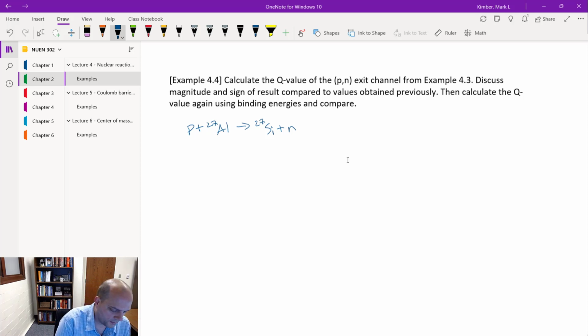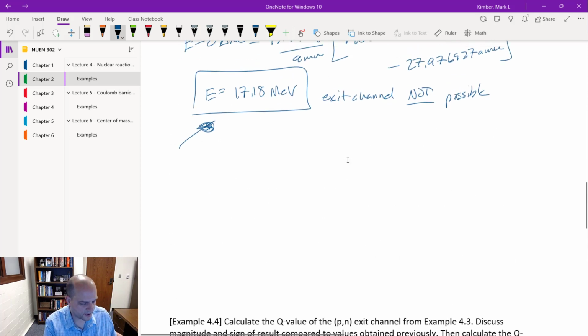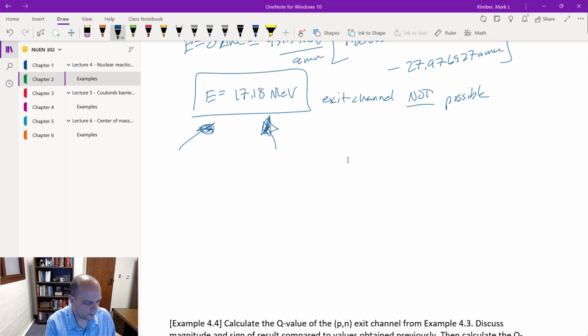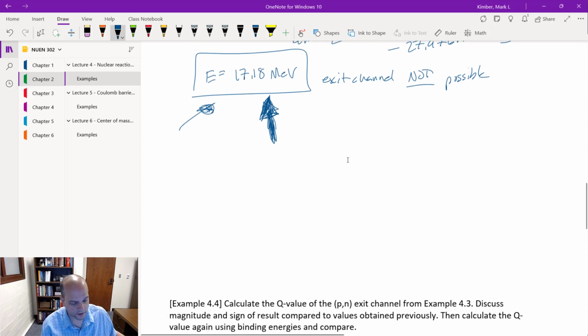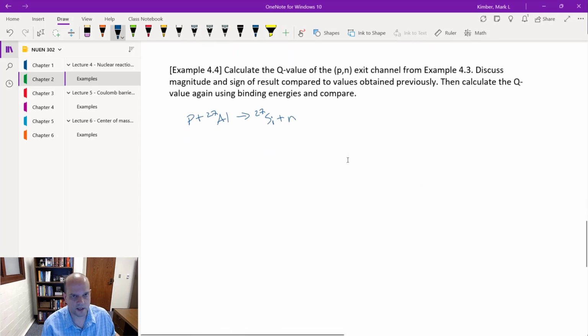And so we're going to calculate the Q value, and then we're going to look at the magnitude. We should have something that ties back to this number here. I mean, we haven't used any trickery that should give us a different understanding of the physics here. And so we'll go back and we'll look at that and compare it.